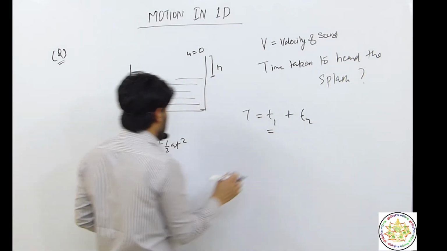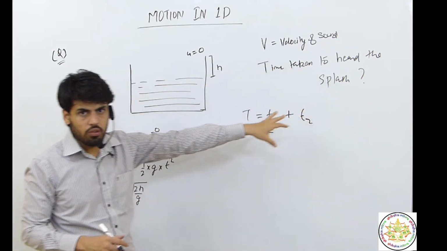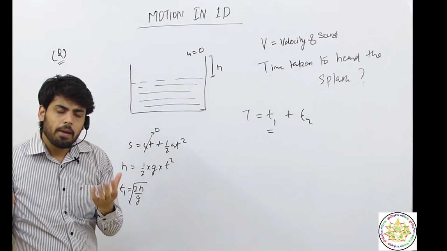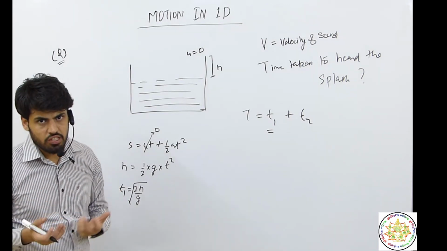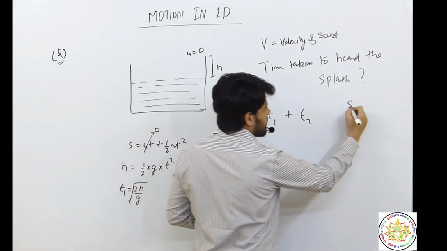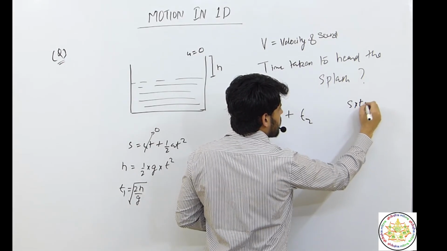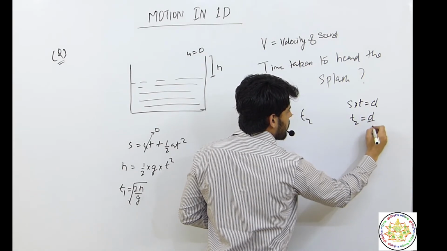Now the time t2, v is the velocity of sound. So we are considering the velocity of sound as there is no acceleration on that component because that is a vibrational sound. So we just directly use the distance-time formula, that is, distance is equal to speed into time. So time t2 will be equal to distance upon speed.